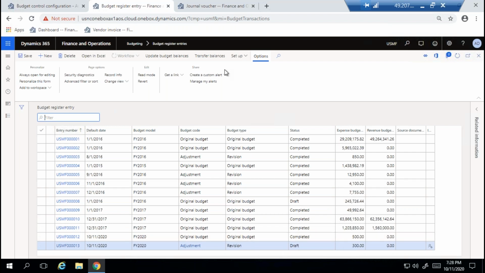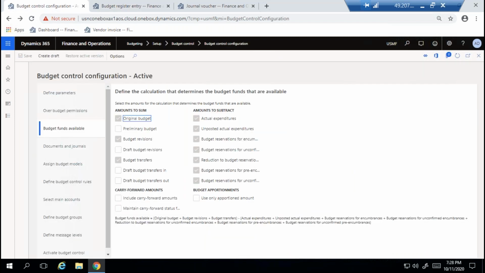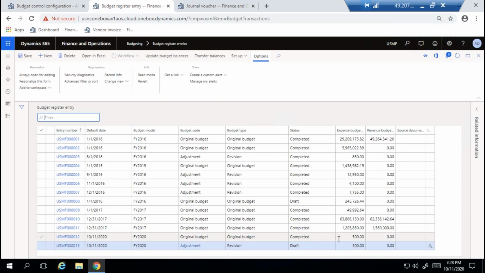If I enable draft revisions, it will consider 500 plus 300, 800. Now I can enter expenditure up to 800, and after that I can delete this one, since it is in the draft mode. So that is not suggestible.